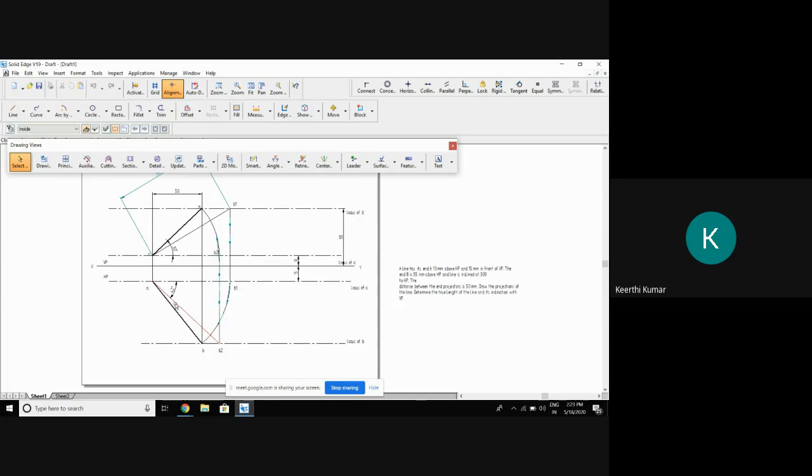See here. For example, in this problem, I got this length. Then I took the vertical line. This end of the line is B2.